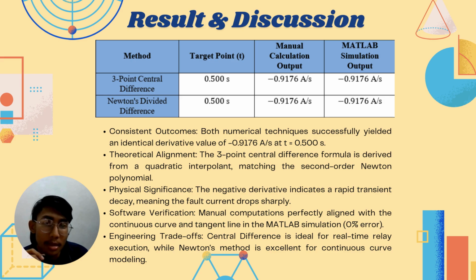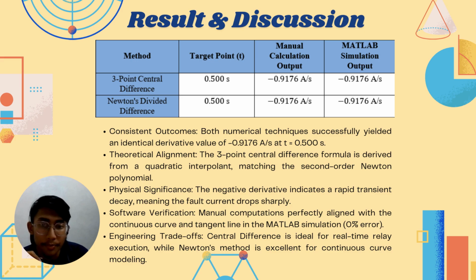So at manual calculation, we got the output is minus 0.9176 ampere per second, and also the MATLAB simulation output is the same as the manual calculation for both methods. So the consistent outcome from both numerical techniques successfully yields an identical derivative value of negative 0.9176 ampere per second at the target point, which is 0.500 second.